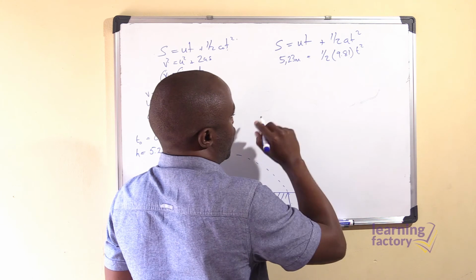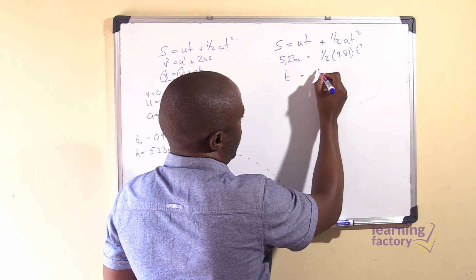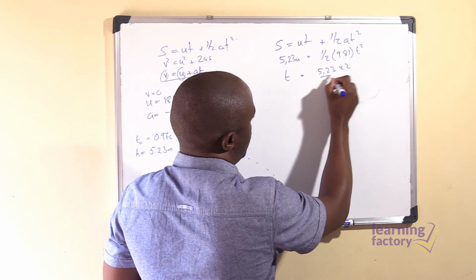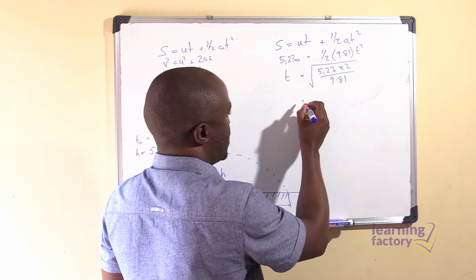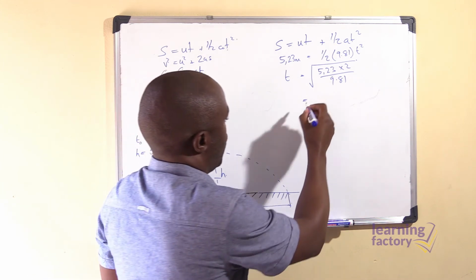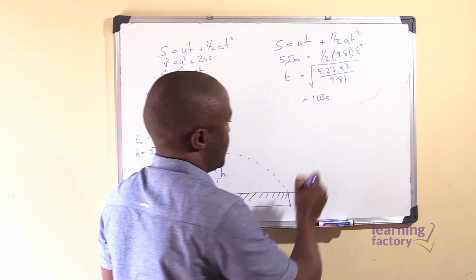So we want to find the value of t. t becomes 5.23 times 2 over 9.81, and we want the square root of that. Punching that into our calculator, we get a value of t is equal to 1.03 seconds.